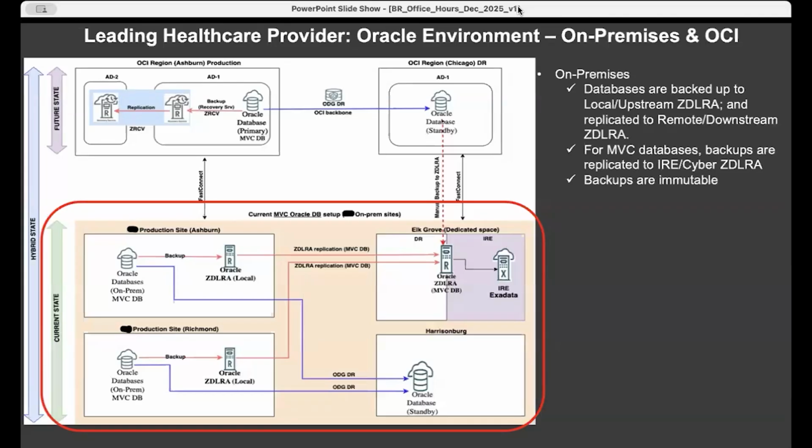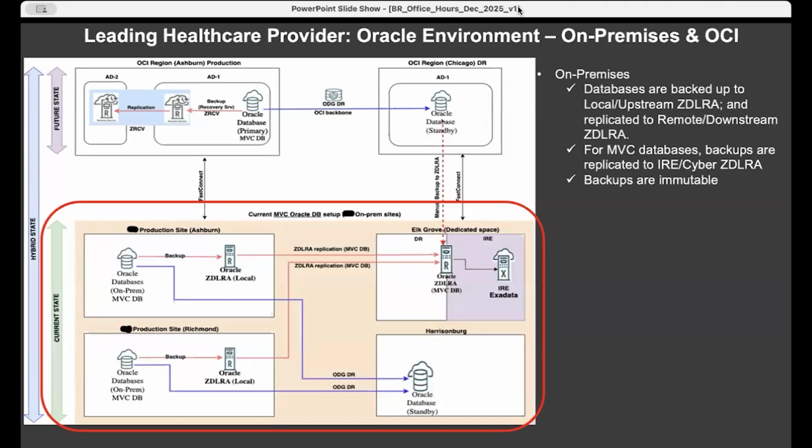So the backups in the remote ZDLRA are in sync up to the second with whatever is happening in production. We have not implemented any restriction on when the network will be open for replication, so this replication is always open.